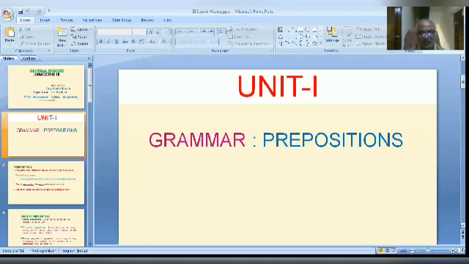So such kind of words are called prepositions. So here on is the preposition. So this is some basic knowledge you may have regarding prepositions. Now we try to see in detail about the things that are related to prepositions.